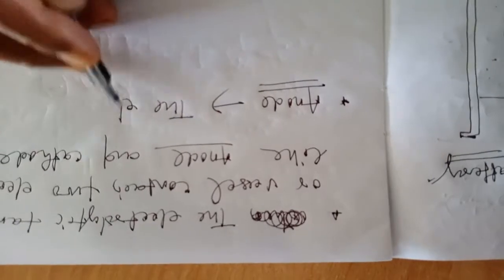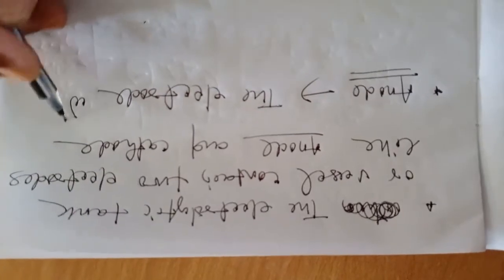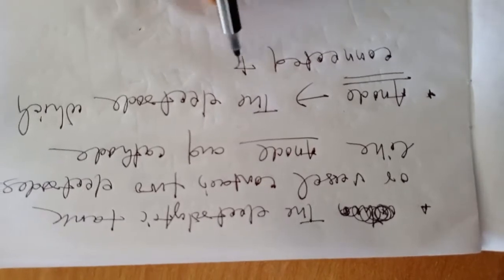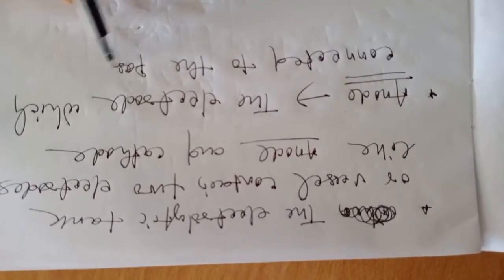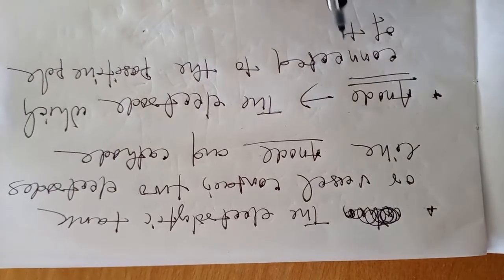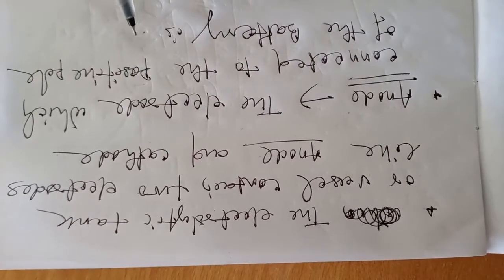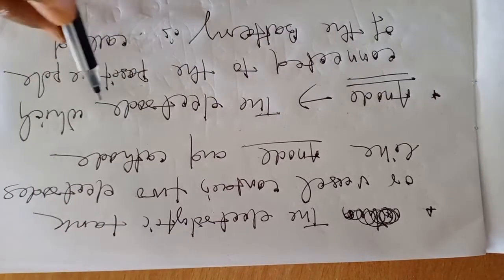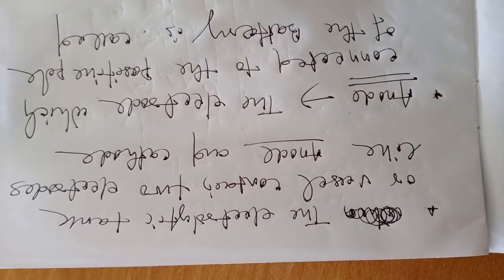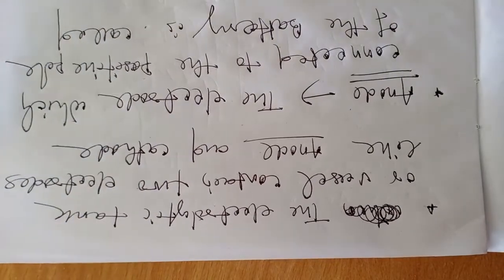The electrode which is connected to the positive pole of the battery is called what? Anode. That means suppose this is an electrolytic tank.